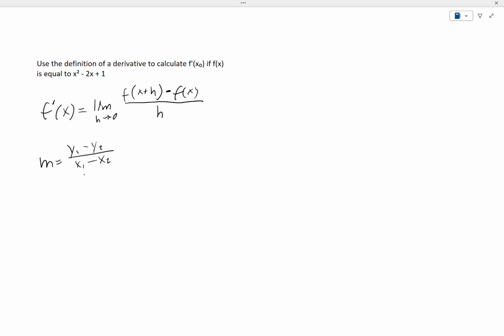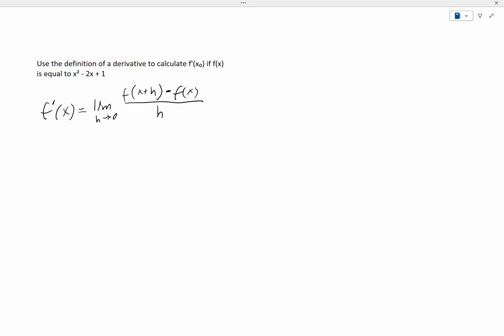So in the denominator here, you'd be subtracting x plus h minus x, and that just gives you h. So you can see this is very similar to just the definition of a slope, except you're taking the limit as h gets infinitely small, and that gives you the instantaneous slope at a specific point, x.